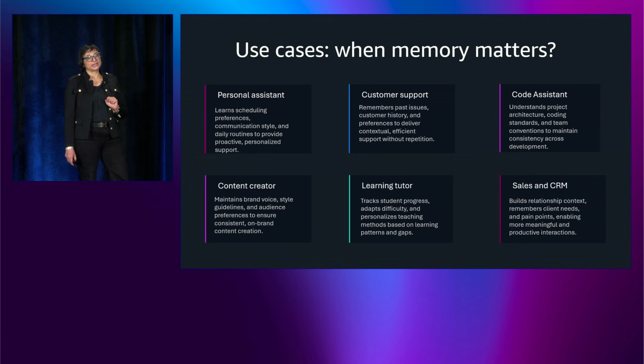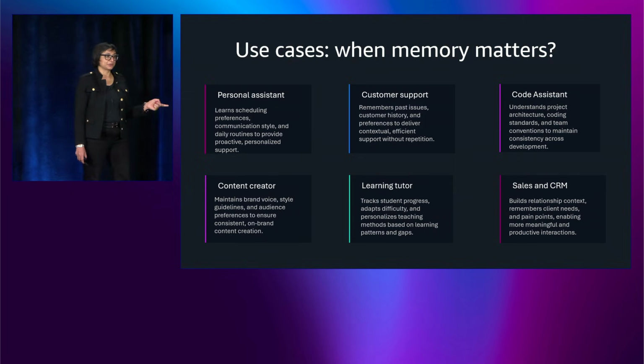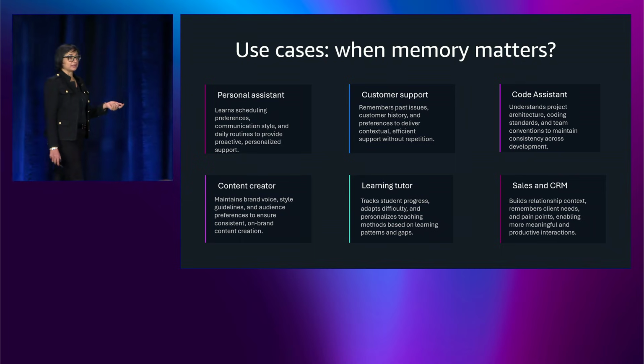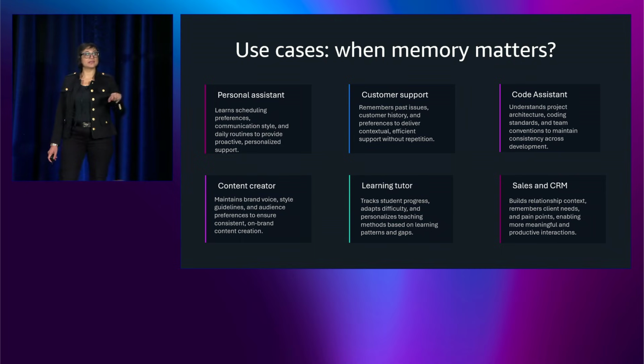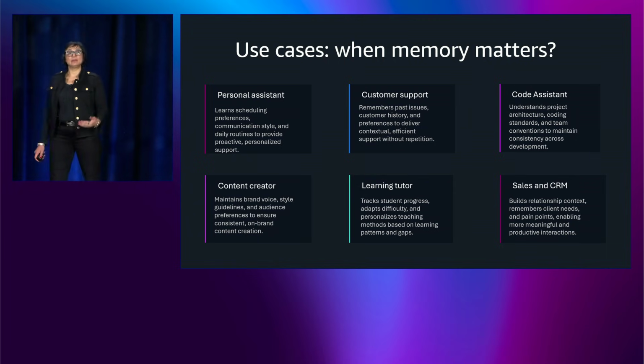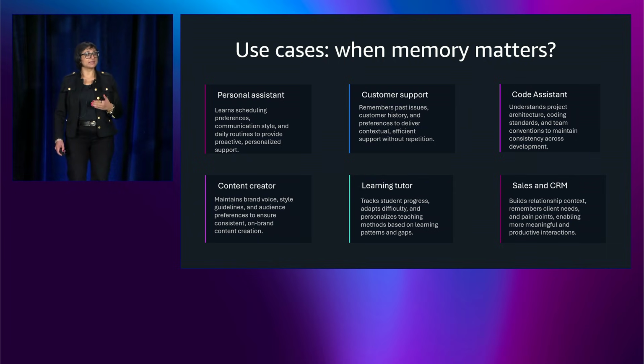Now, what you want is, you want this customer support to remember the past issues. Why? Because you want to understand your users better. Is this customer having the same issue over and over again? So what's going on? Maybe it's time that you might want to update something. Or maybe the agent on the other side can quickly look and say, oh, you know what?